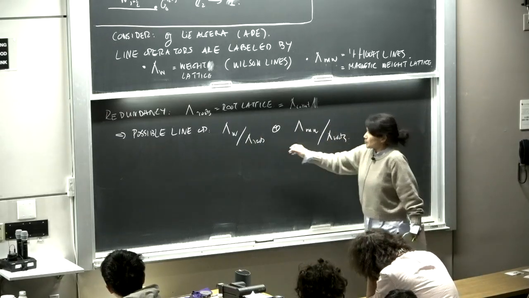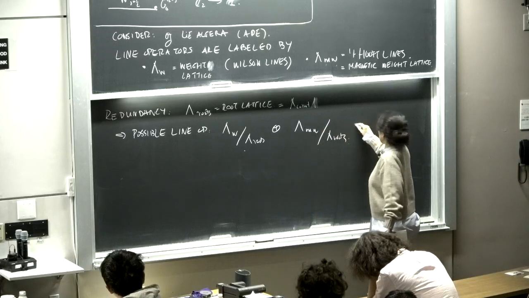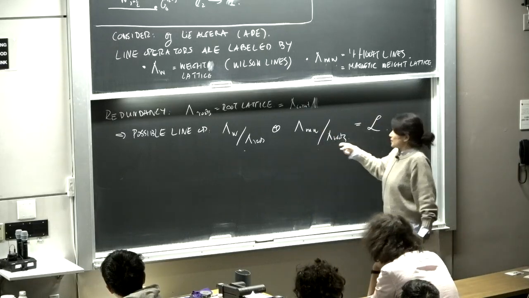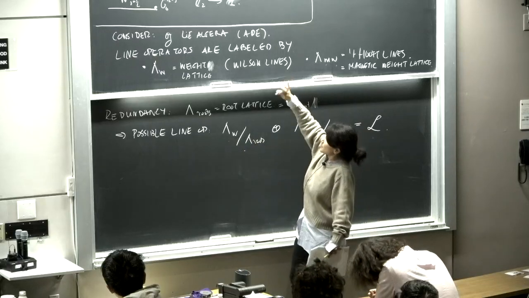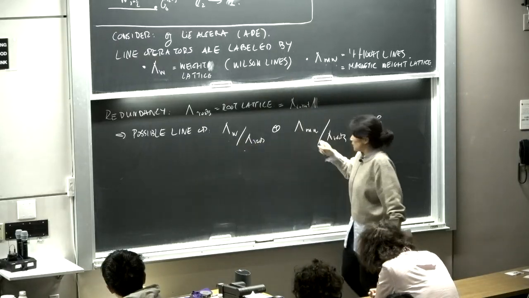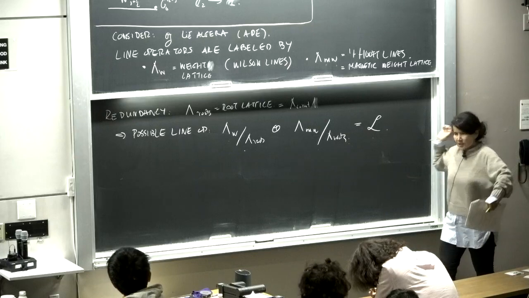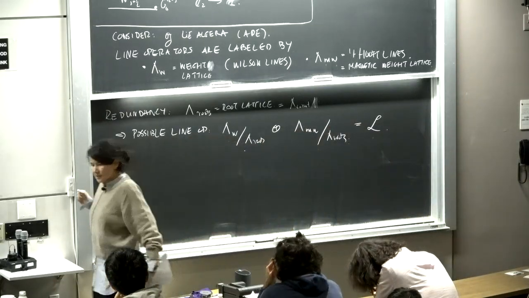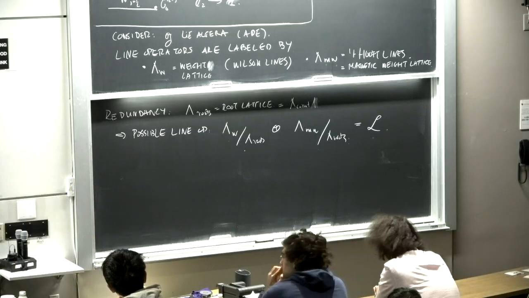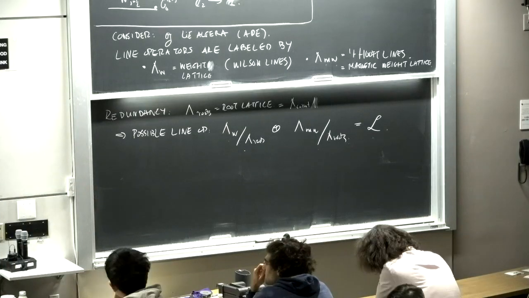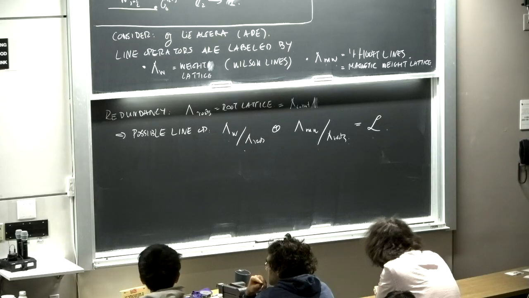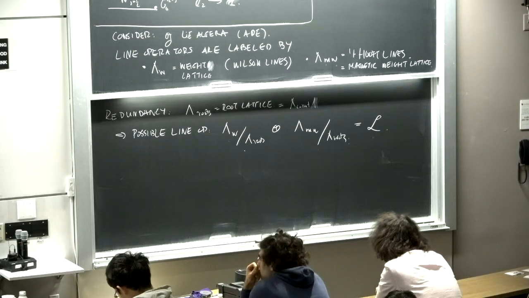Now, what is the problem with looking at this full set of, let's call this curly L, line operators? If I consider the theory with some gauge algebra and I just stick in all these line operators, there's a problem with this. You can't have Wilson lines and 't Hooft lines at the same time. Well, what is the problem?